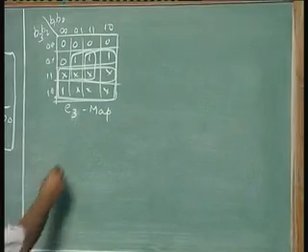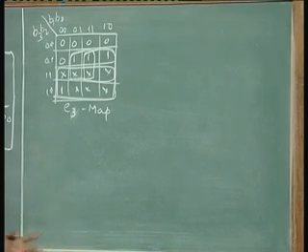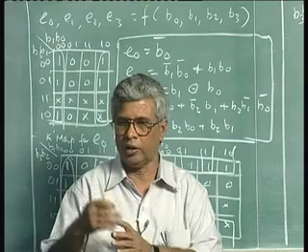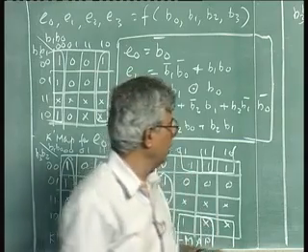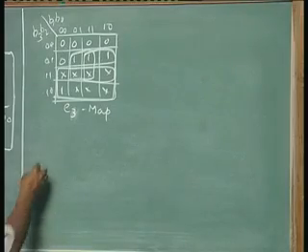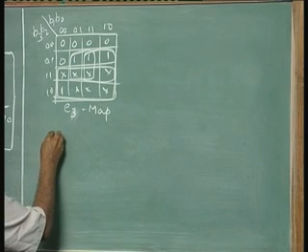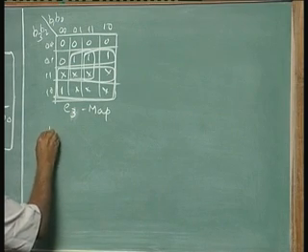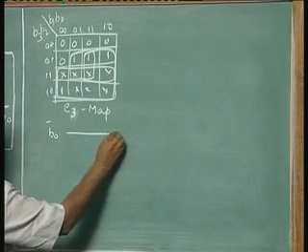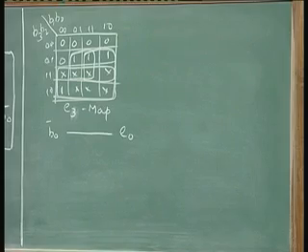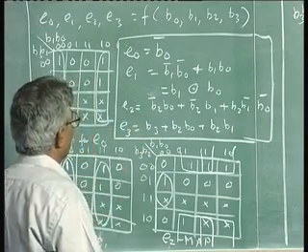E0 is B0, so we assume that all the B0, B1, B2, B3 and their complements are available to avoid having to draw inverters. So I will assume that B0 is available. So B0 bar is same as E0 bar. E0 that is first one.